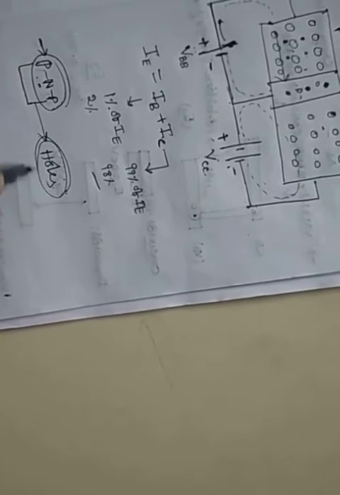That's why in the case of a PNP transistor, P's are more compared to N. That's why the total current conduction takes place due to the holes.